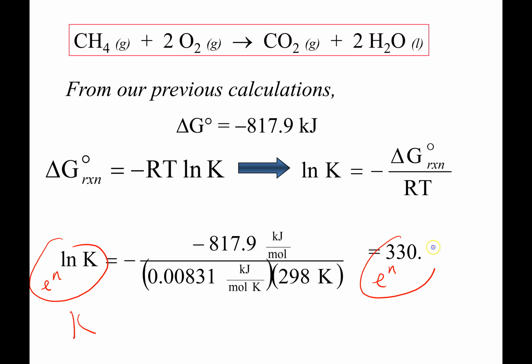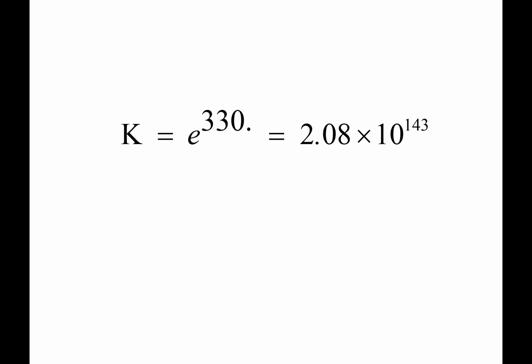And then all we got to do is take E raised to the 330. So K is equal to E raised to 330. We're going to give it 3 significant figures: 2.08 times 10 raised to the 143rd power.